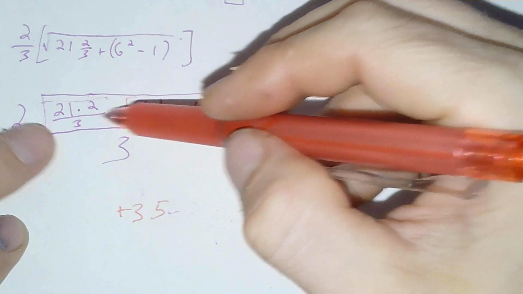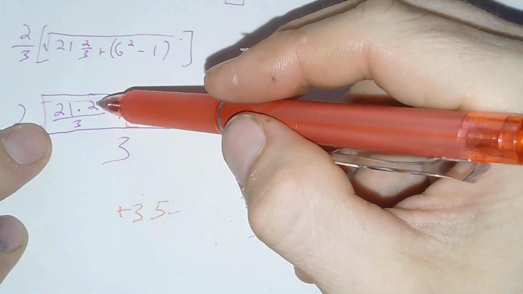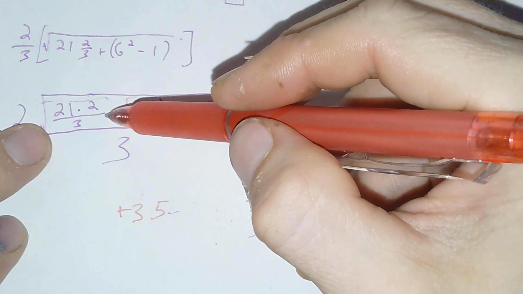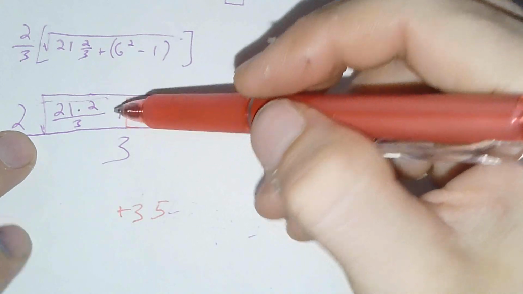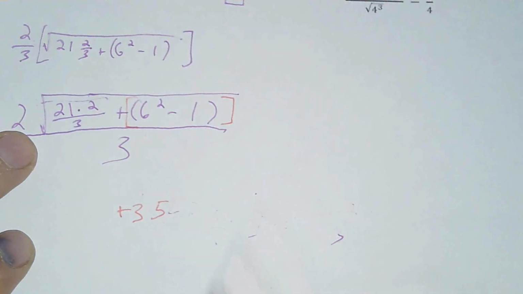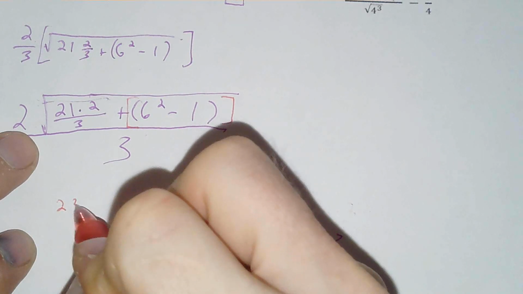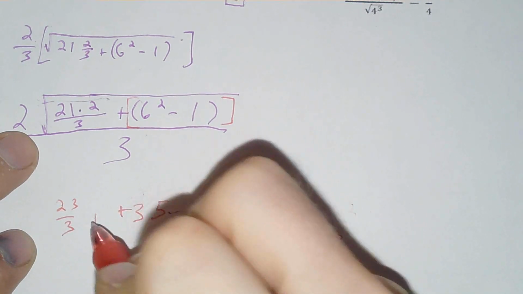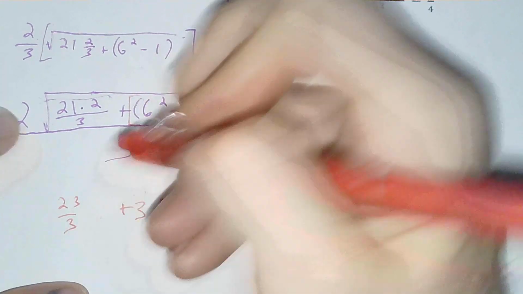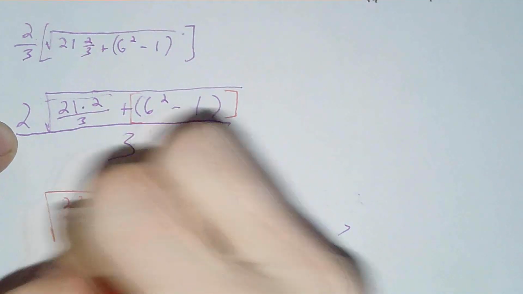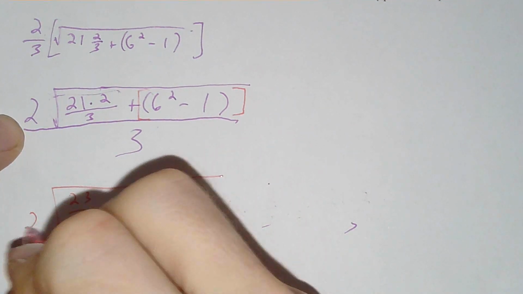So we got 21 times 2 is 42, divided by 3 is 14. Then 14 plus 35 is the square root, times 2 over 3.